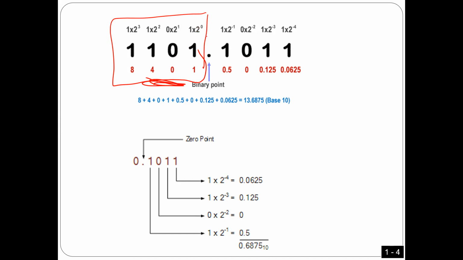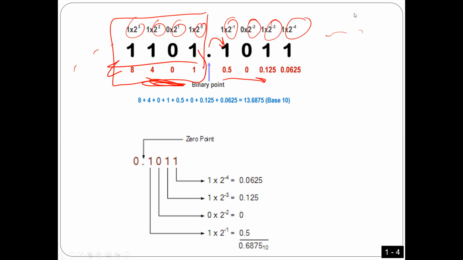It's again almost the same. However, what comes after the point here has a different weight. Look here, the weight is 2 to the power of 0, 2 to the power of 1, 2 to the power of 2, 3, and so on. This is anything to the left of the point. But to the right of the point, because this is a fraction, the weight is 2 to the power of -1, -2, -3, -4, and so on.